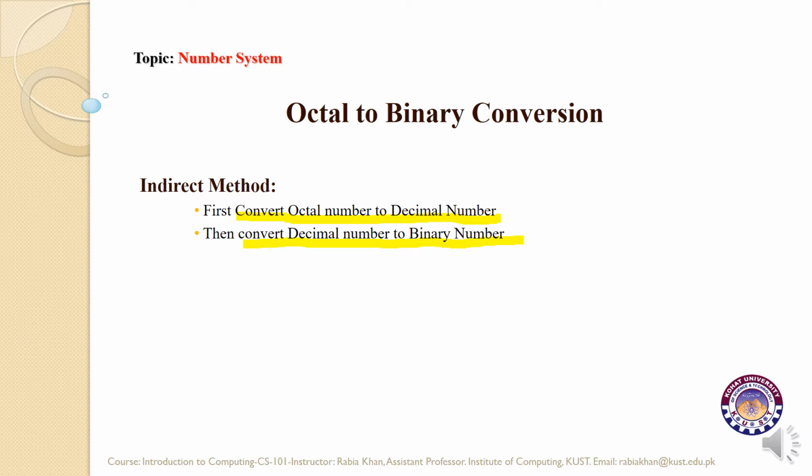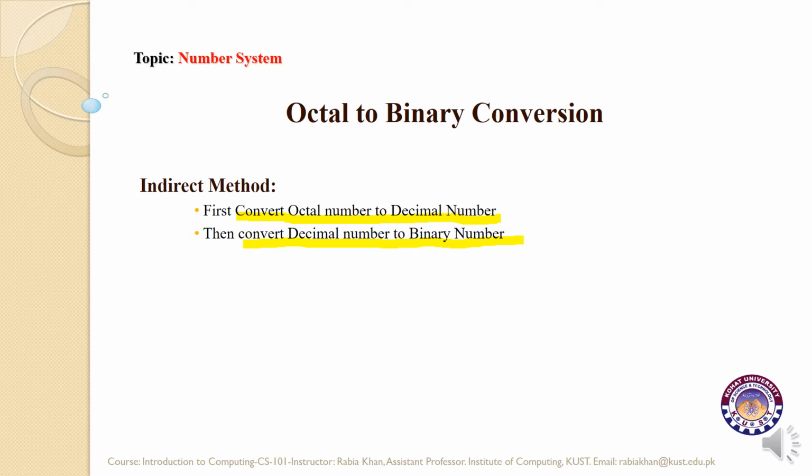So this is an indirect method in which we use an intermediate number system to reach the end result. First we have to convert the octal number to decimal number, and then the converted decimal number will be converted into respective binary number.